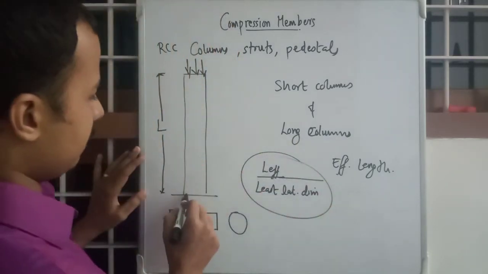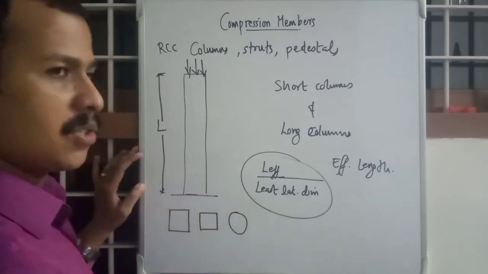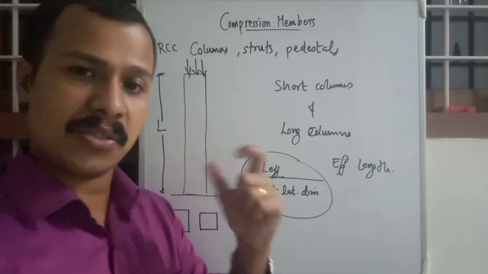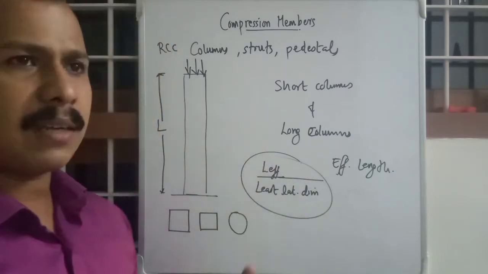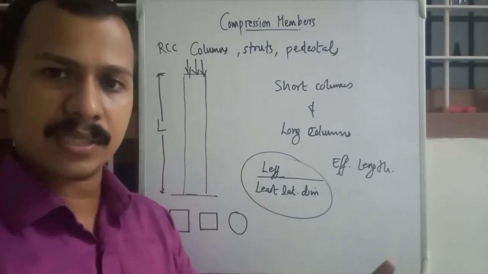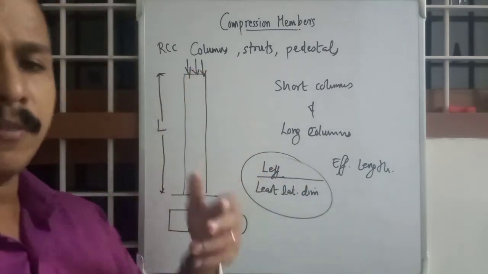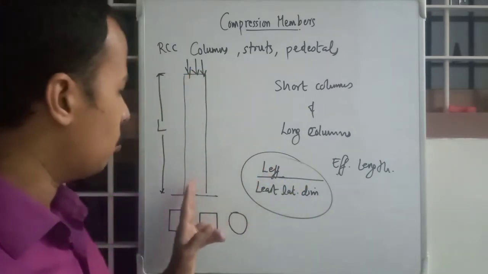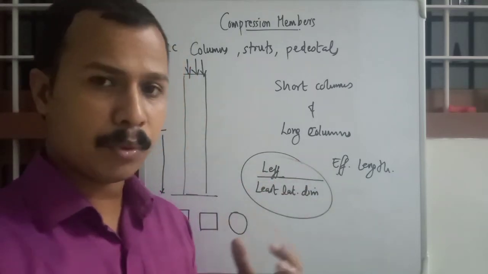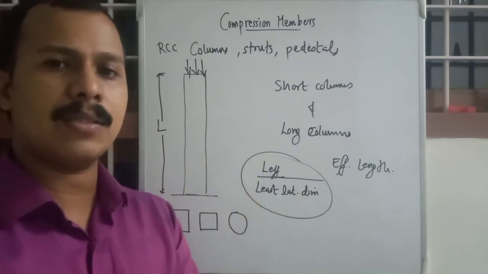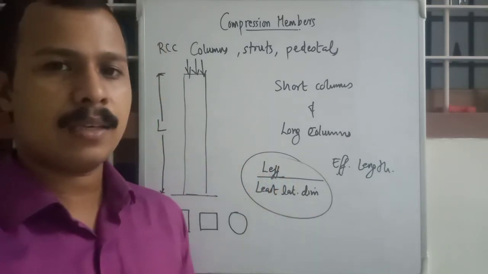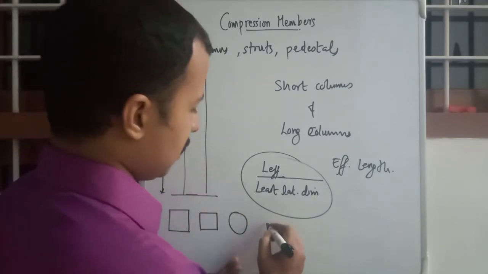Suppose one end is fixed and the other end is rotational. There are many support conditions, as in beams: simply supported, cantilever, fixed, etc. Likewise, at the two ends there can be various types of end conditions. On the basis of the support conditions, we can decide L effective from IS 456.